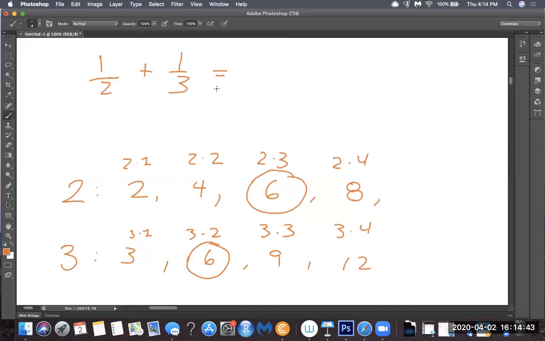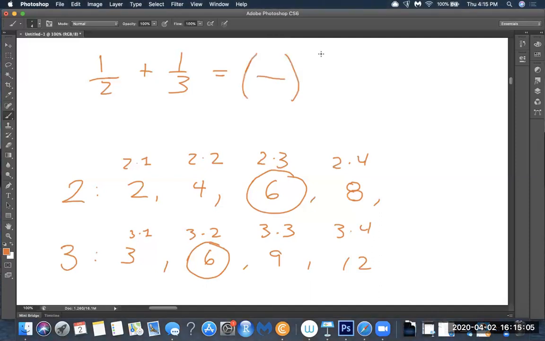So we need to multiply by those numbers, but we can't just add random numbers, because it's going to change my fraction. So I have to be very specific in how I'm going to add those numbers in the equation, okay? So how are we going to do that? We're going to do it by multiplying on top and bottom.